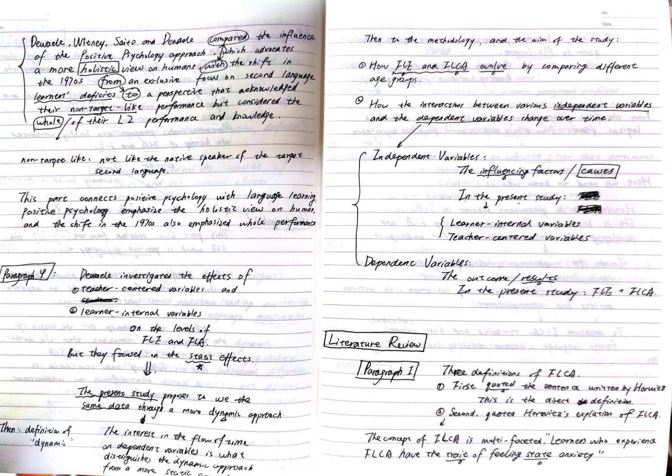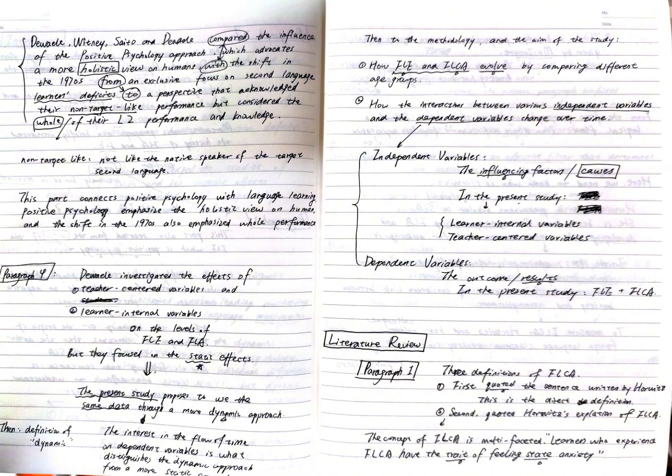So in the 1980s, anxiety is often mixed with general trait anxiety, and research generally failed to establish consistent link between anxiety and accomplishment. To measure FLCA, Horowitz and her colleagues designed a foreign language classroom anxiety scale, which is a kind of 5-point Likert scale.